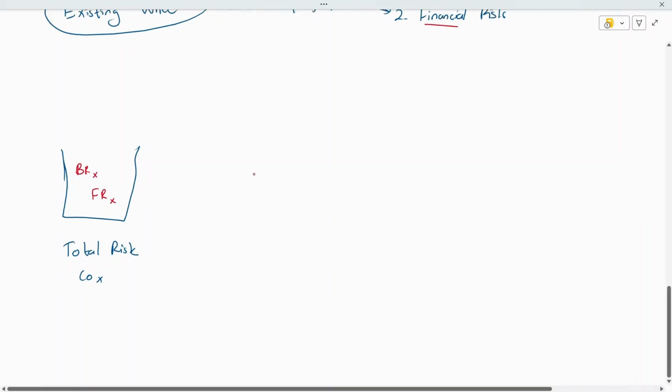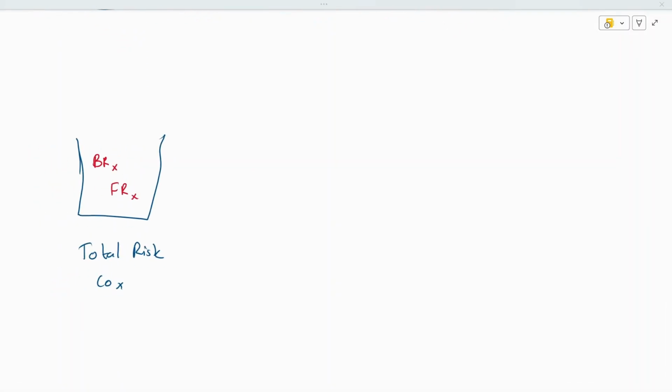When I say business risk of company X, I'm talking about the risk which arises due to the business operations, or due to the industry which we are in. If you are in different industries, for example, a company in the mining industry and a company in the education industry will have two extremely different levels of risk due to the business operations they are undertaking.